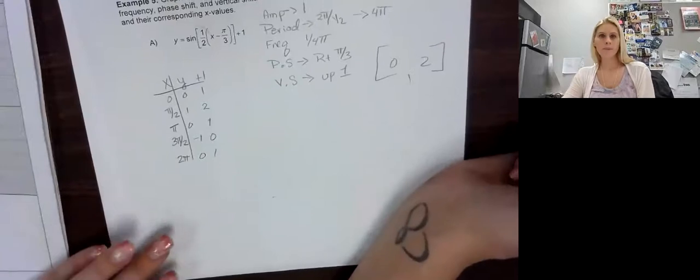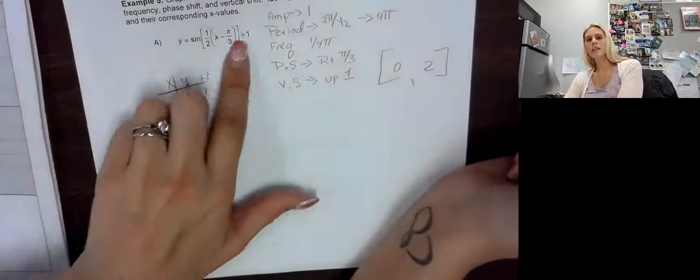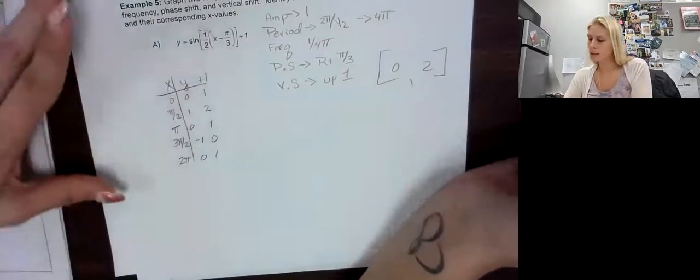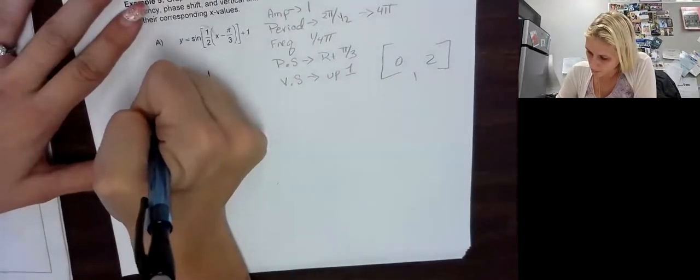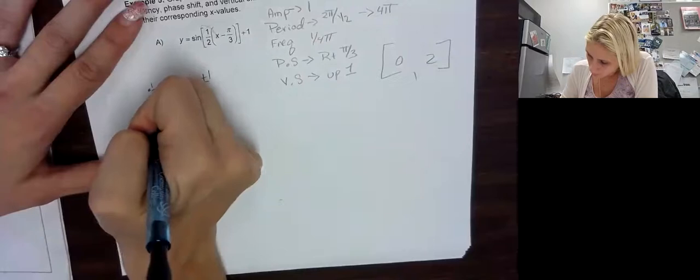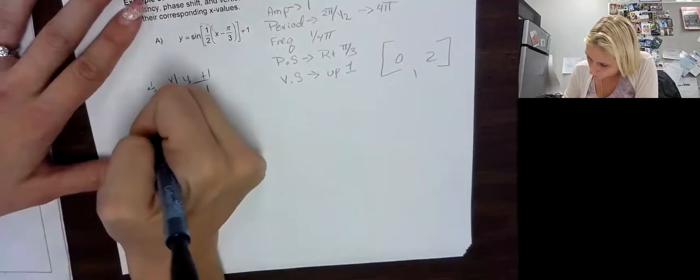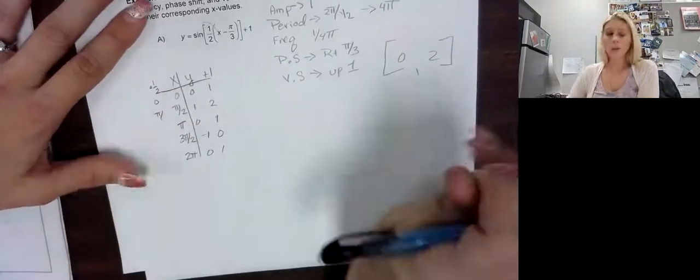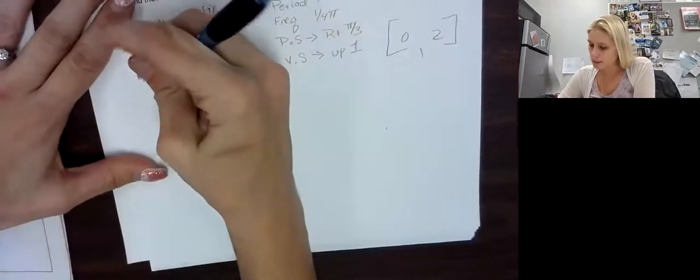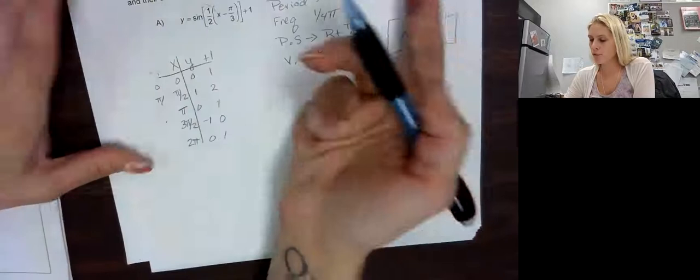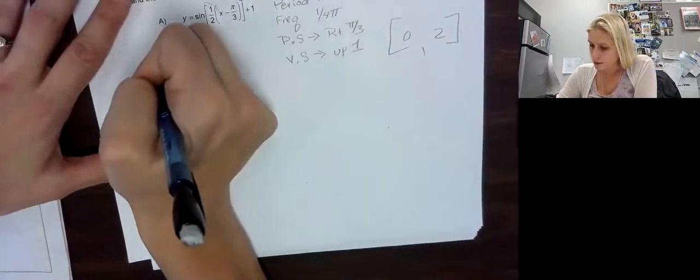So that's nice. Now on the inside here, remember we're going left to right. So we're going to multiply by 1/2 first. So 0, pi over 4. Oh, what did I do wrong? Forgot. I have to do the opposite. So we're not multiplying by 1/2. We're multiplying by 2.